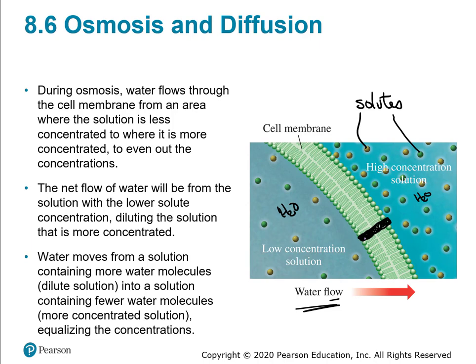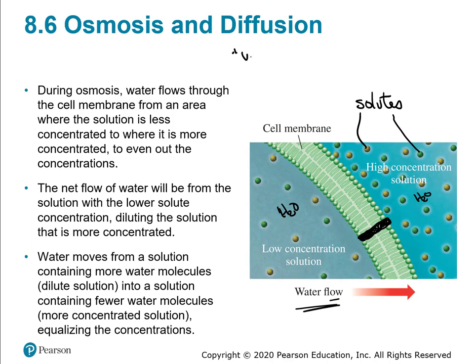I've heard a lot of nursing students especially say they've always been taught that water always follows salt. Do you see where you have a high concentration to the right? Water always goes to areas with higher salt, and the goal is just trying to dilute it, to make the total concentrations in and out the same.